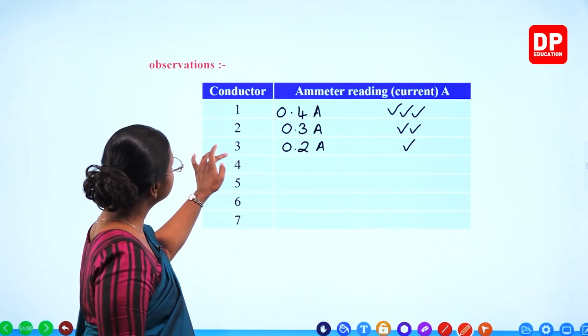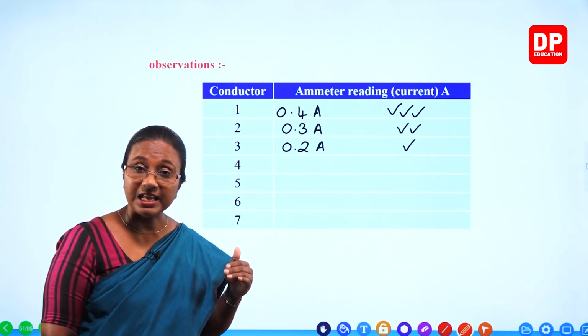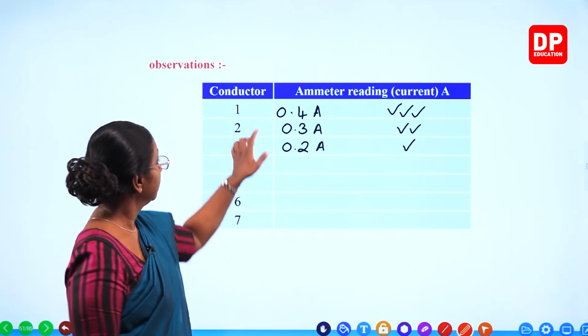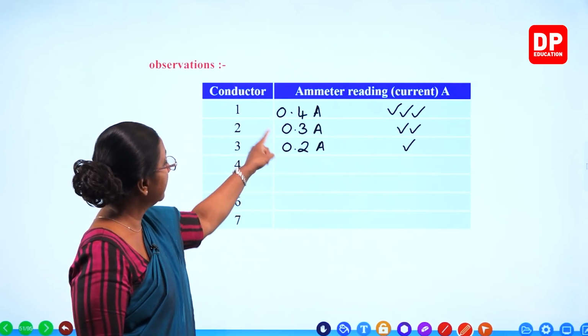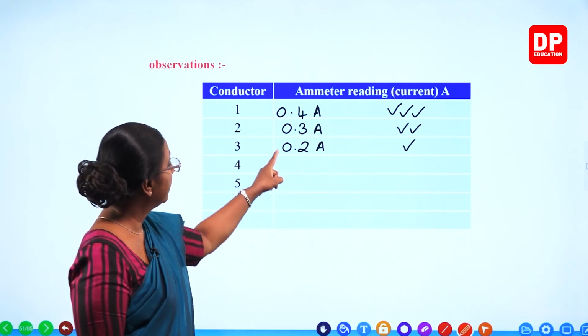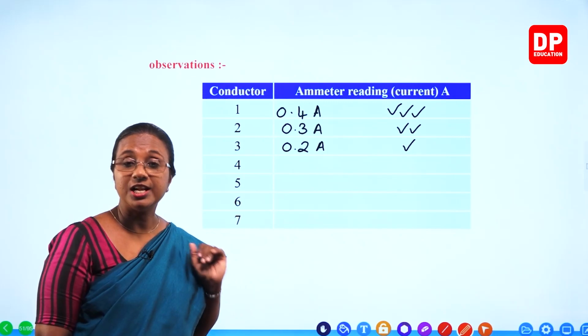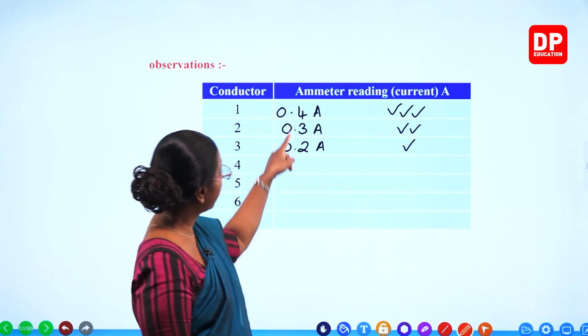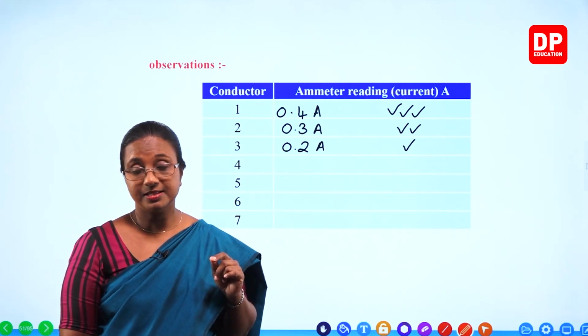So from these three, what can you understand? The cross-sectional area decreases. This was the wire with the highest cross-sectional area, then medium cross-sectional area and the smallest cross-sectional area. So when cross-sectional area decreased, the current flow decreased and the brightness of the bulb decreases.